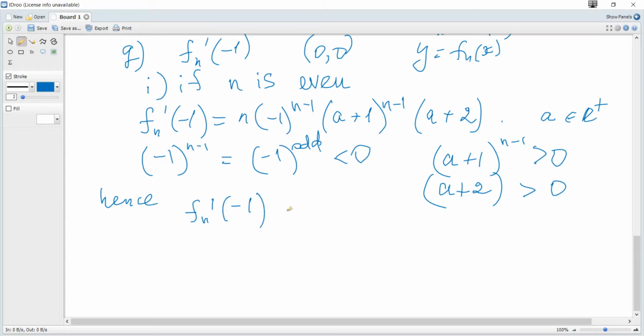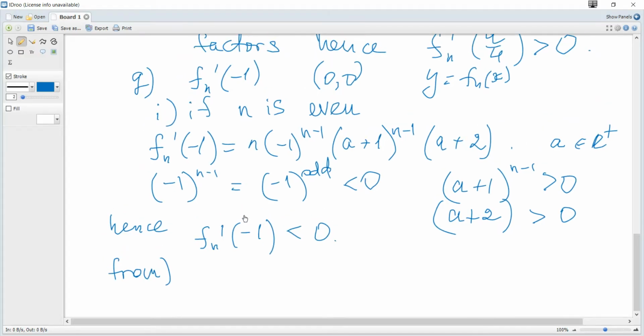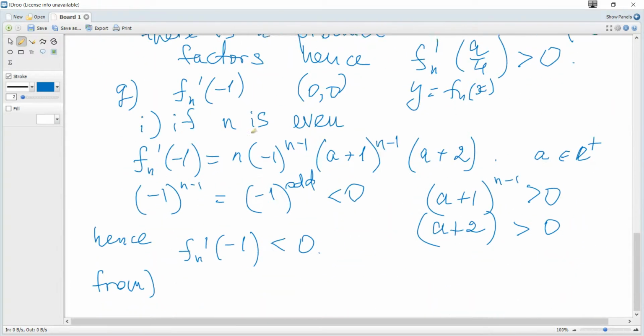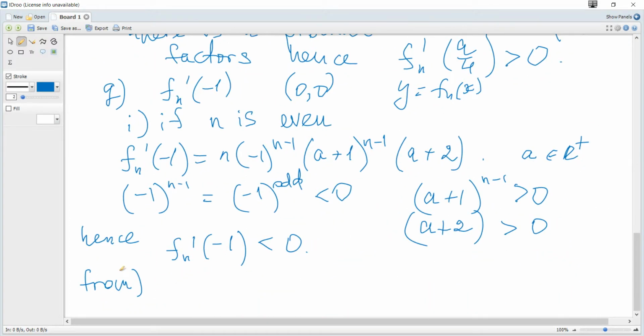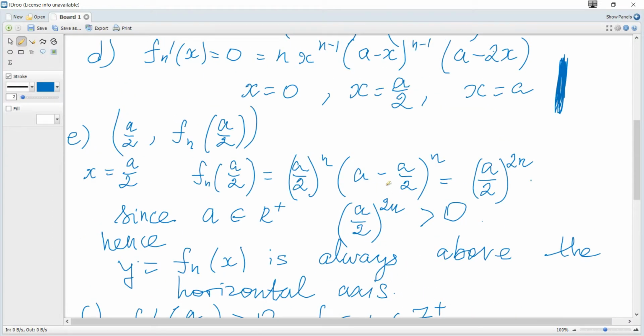the derivative at -1 is negative. And from the previous, from F, the derivative at a over 4 is positive, and we remember that there are 3 stationary points: origin, a over 2, and a. a over 4 is to the right from origin, but to the left from this next stationary point.